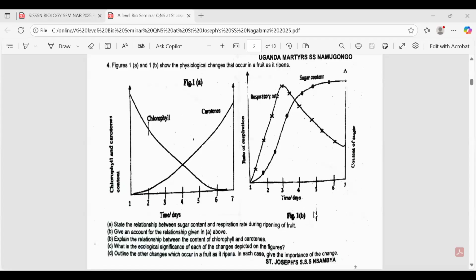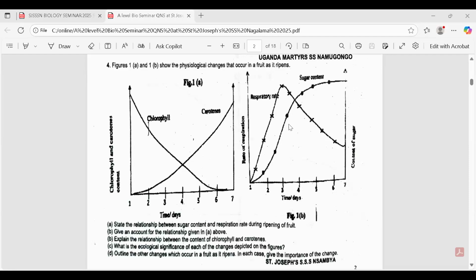But of course, you are going to use trends to state the relationship. Why? Because the relationship is not uniform. We are saying that the respiration rate is increasing, attaining a peak, as the sugar content is still increasing. Meaning there are some variabilities in the increase, or there are some variabilities in the trends of the respiratory rate and then the sugar content.